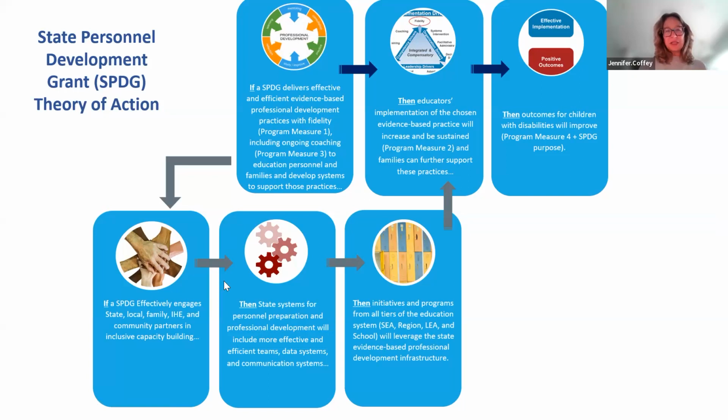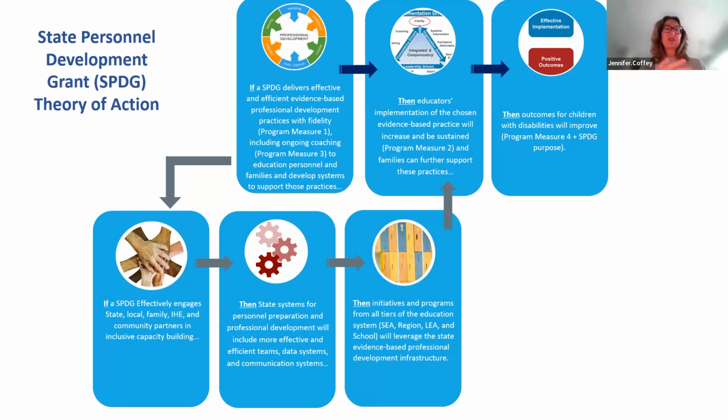So here's the theory of action. We've been talking about this already, really, but I want to add a few points. The big idea, what you do, is professional development, right? Or professional learning. At least 90% of your funds are spent on that. It can look different ways. You're meeting different needs in your states of children with disabilities, but the big idea is you're doing professional development, which we capture in program measure 1.